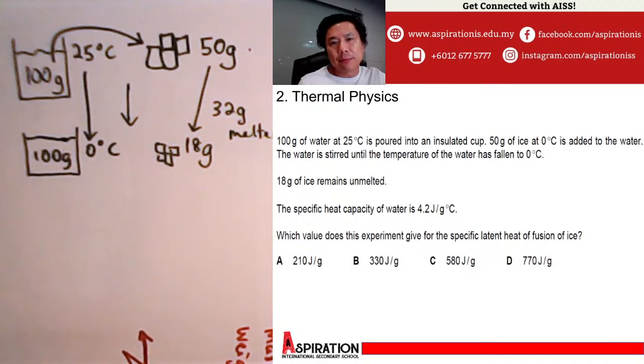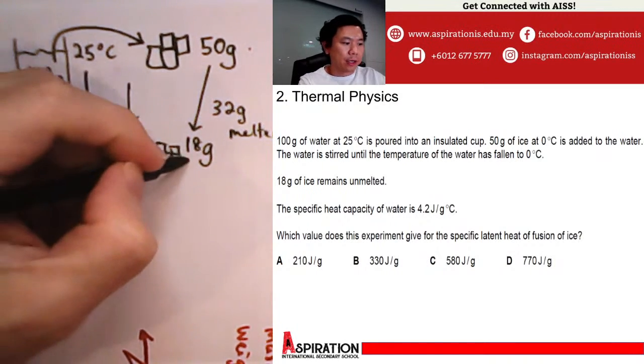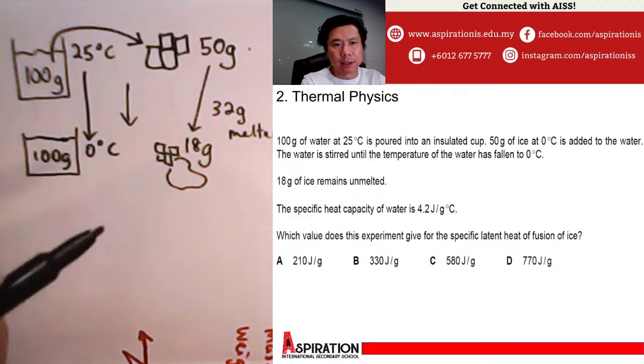So 32 grams of ice has absorbed the heat from the 100 grams of water. All right, so then you're going to get some water, but it's immaterial.